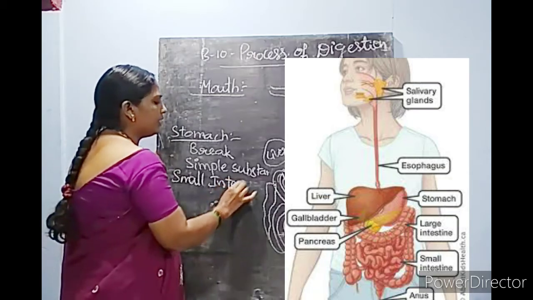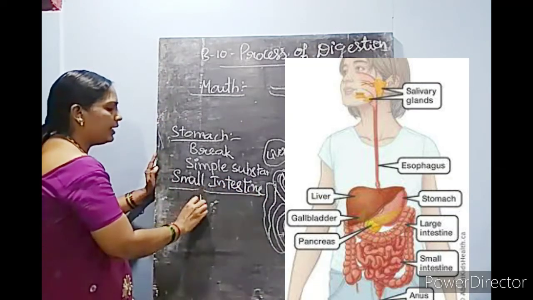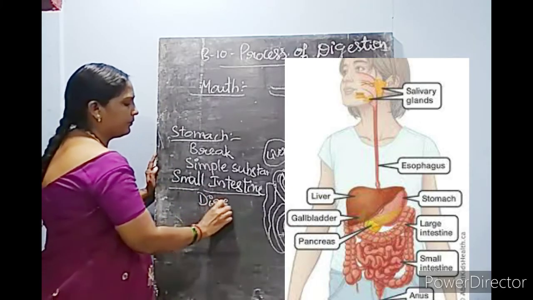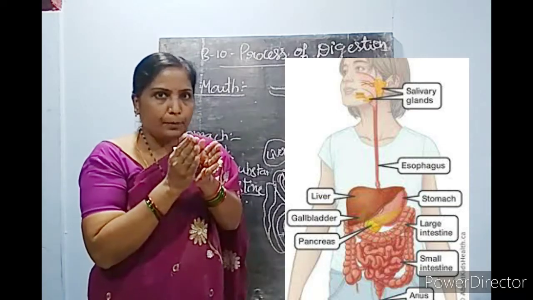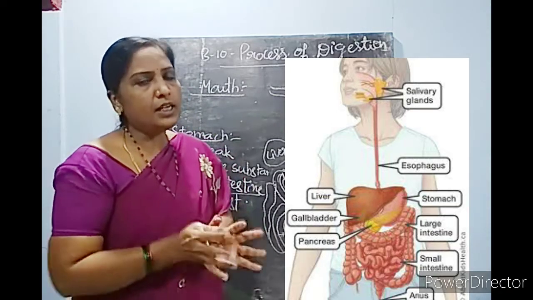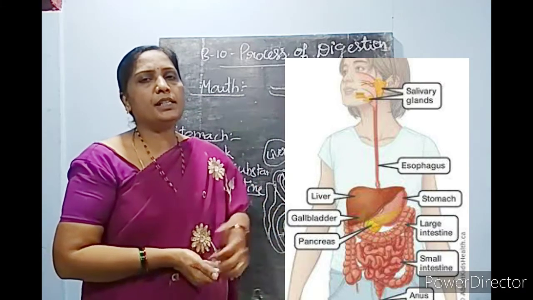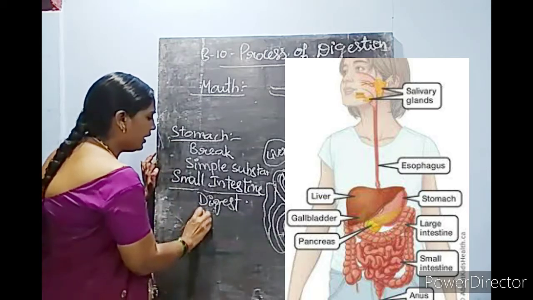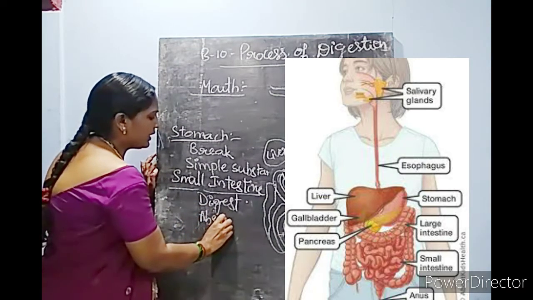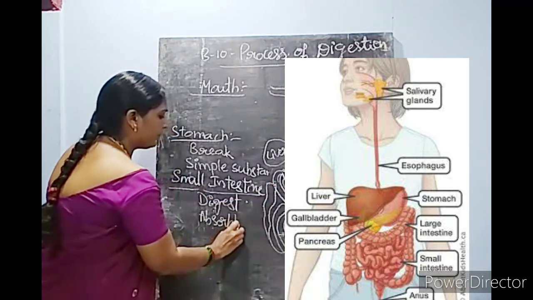Digestion completes in the small intestine. Whatever food you ate gets completely digested in your small intestine, and it also absorbs the digested food into blood. So absorption and digestion get completed in the small intestine.